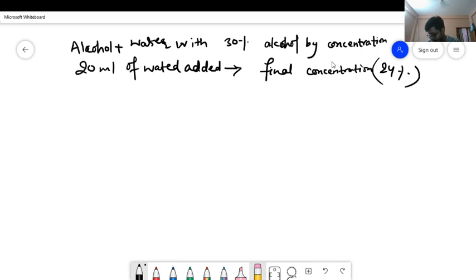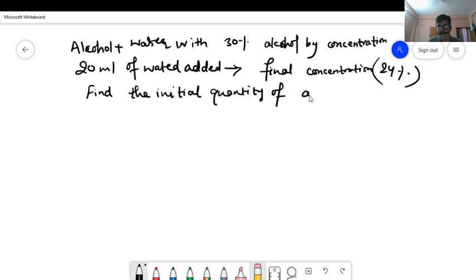Find the initial quantity of alcohol and water in the solution. Please find it. That's it, find it out.